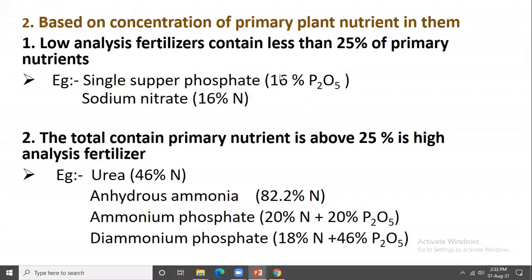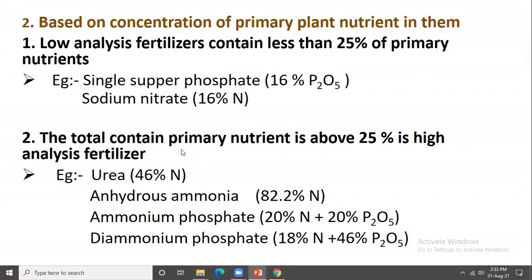That's why we use triple superphosphate instead. Avoid single superphosphate, and if we need more nutrients, we can use triple superphosphate. Here the percentage is 60%. No need to memorize that percentage. You only need to memorize the urea percentage. Urea has 46% nitrogen. Others are not needed. What we study here are single superphosphate and sodium nitrate.